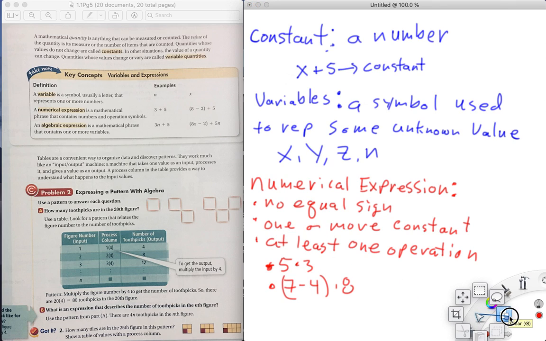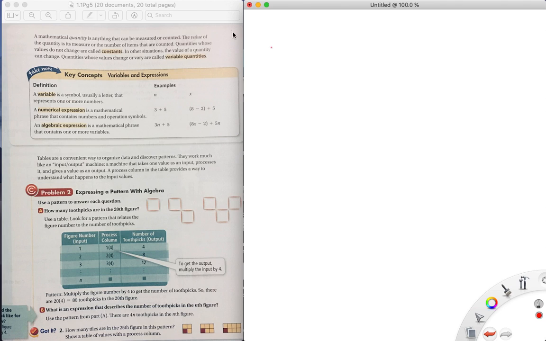And then algebraic expressions build upon that. Again, no equal sign.